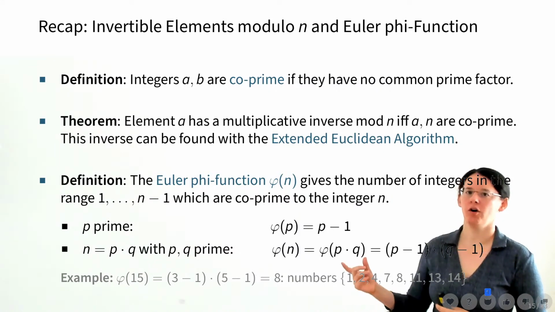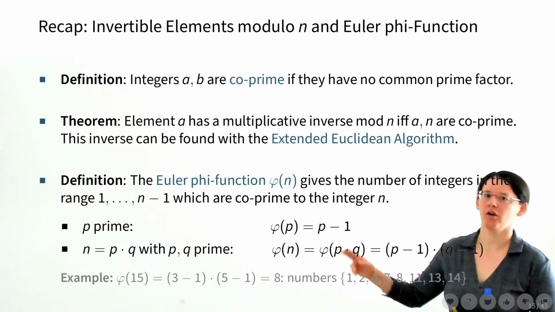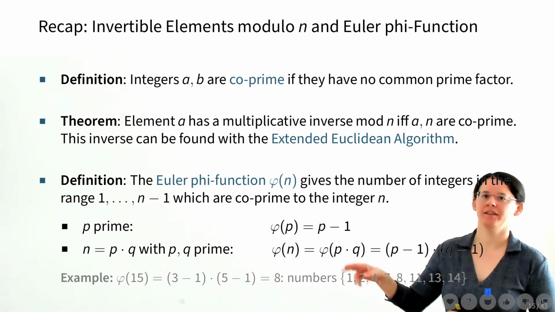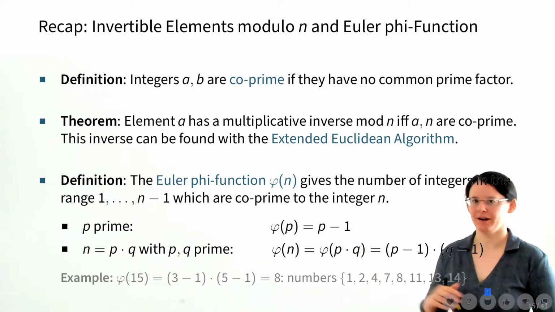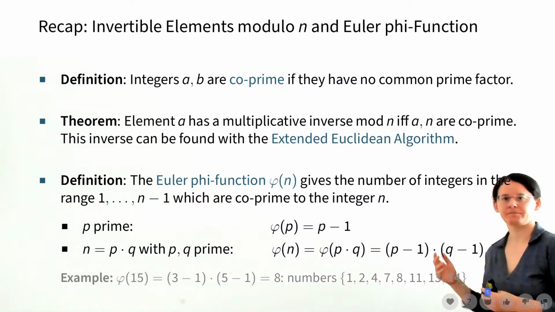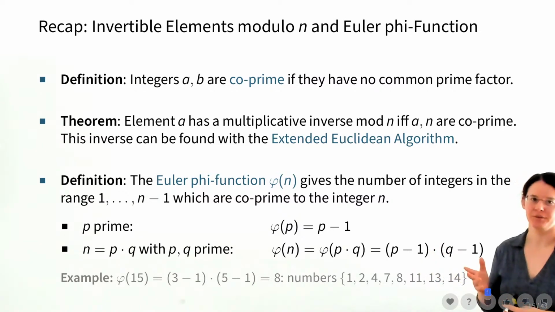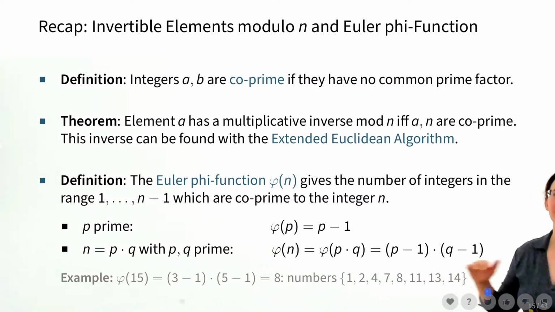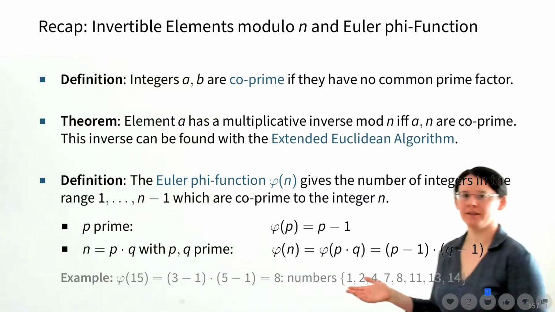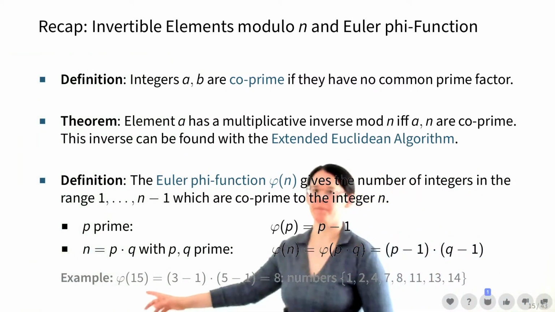So we need to take all numbers, pq minus 1, and then subtract the number of multiples of p, which is q minus 1, and the number of multiples of q, which is p minus 1, to essentially get the result. This was maybe a bit hard to follow, but the final result is very easy to remember. Phi of p times q is simply p minus 1 times q minus 1. So let's have a look at a number example, namely the number 15.